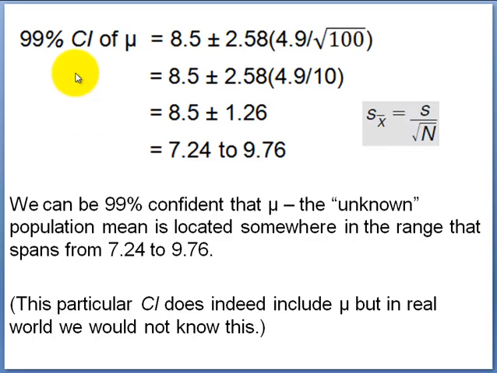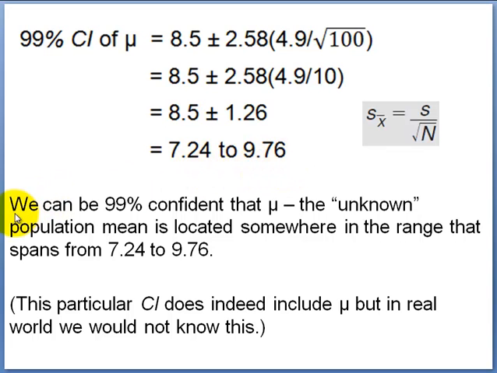So here are the calculation steps, and we're presuming all stays the same, and we're presuming sample size is back to 100. The 99% CI calculates to 7.24 to 9.76.